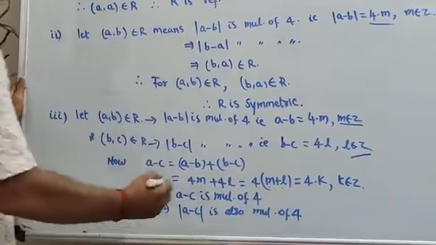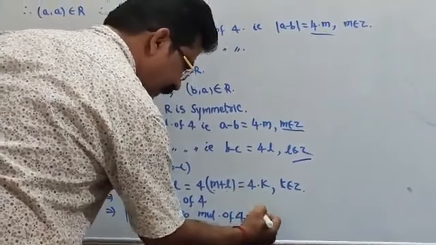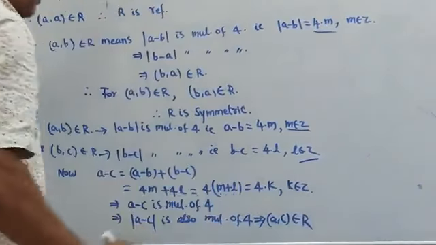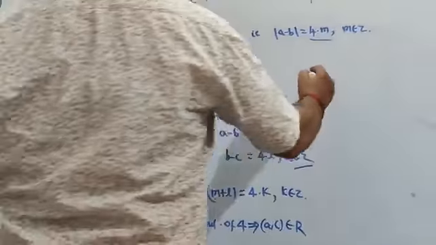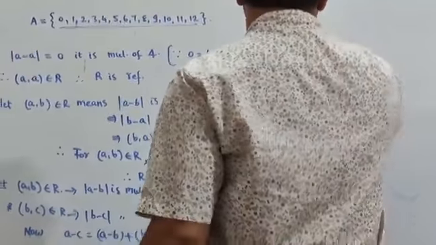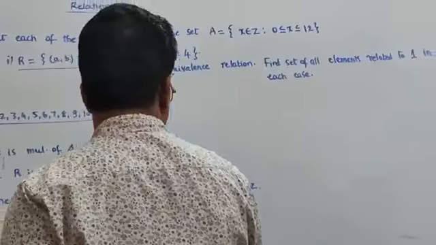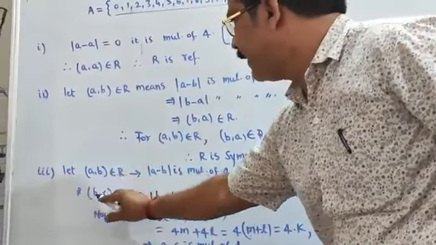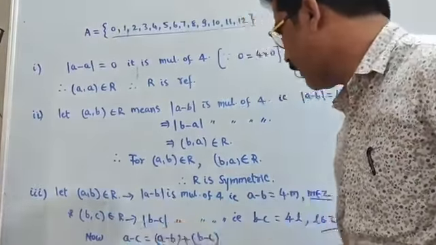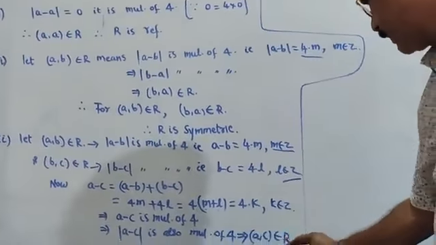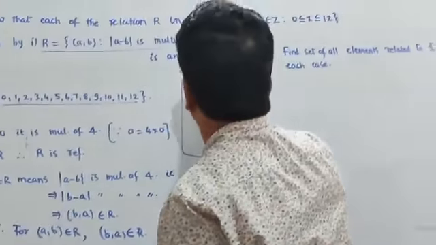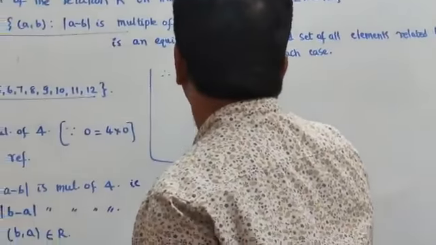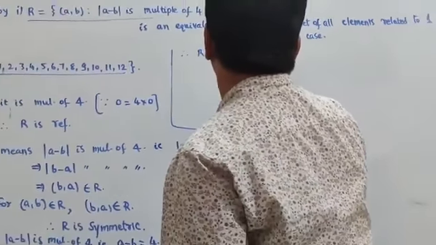It follows that the ordered pair (a, c) belongs to capital R. Therefore, if (a, b) and (b, c) belong to capital R, then (a, c) also belongs to capital R. Therefore, capital R is transitive.